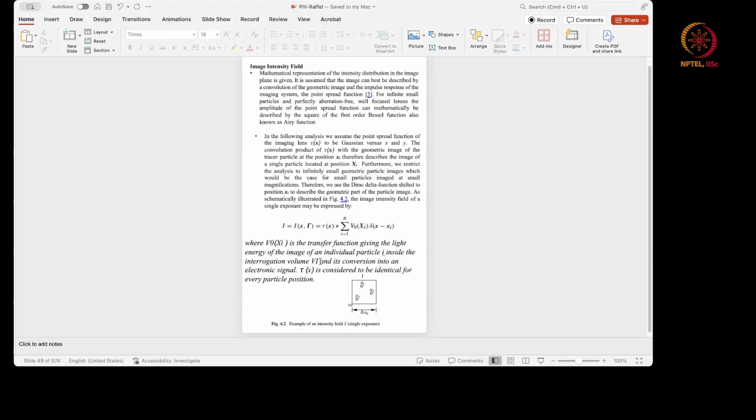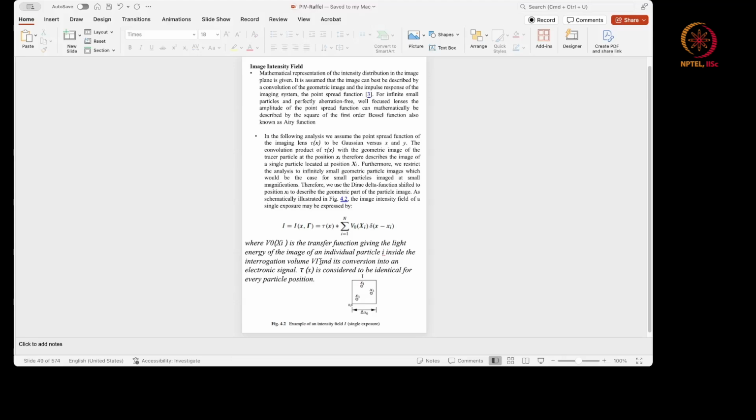Only the delta x minus xi is shifted to the corresponding particle locations small xi. And what is V naught xi? It is just a transfer function, which is basically the light energy of the image of an individual particle and its conversion into an electronic signal, and that's about it.